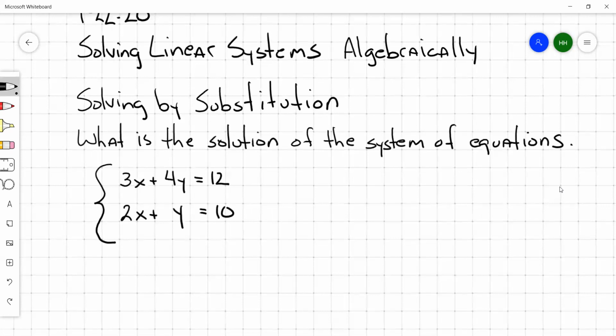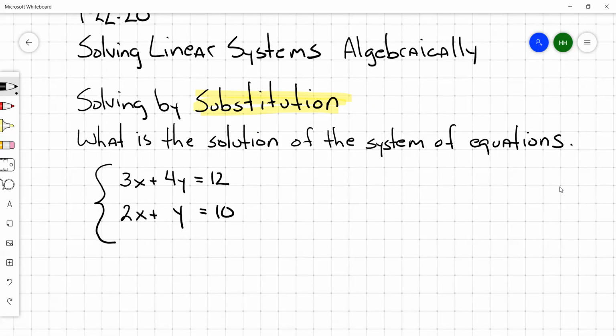Now, when we are solving by substitution, that means we are going to pick one of the equations, solve for one of the variables, and then substitute that into the other equation so that we can solve for the other variable.